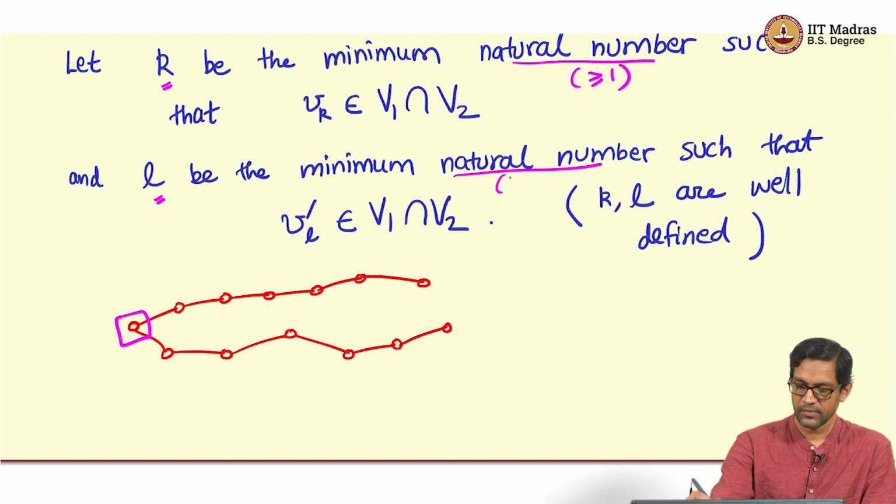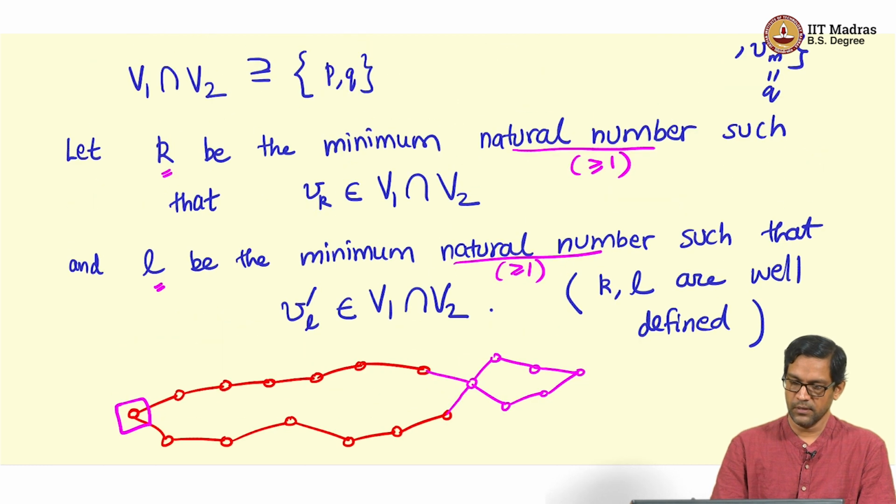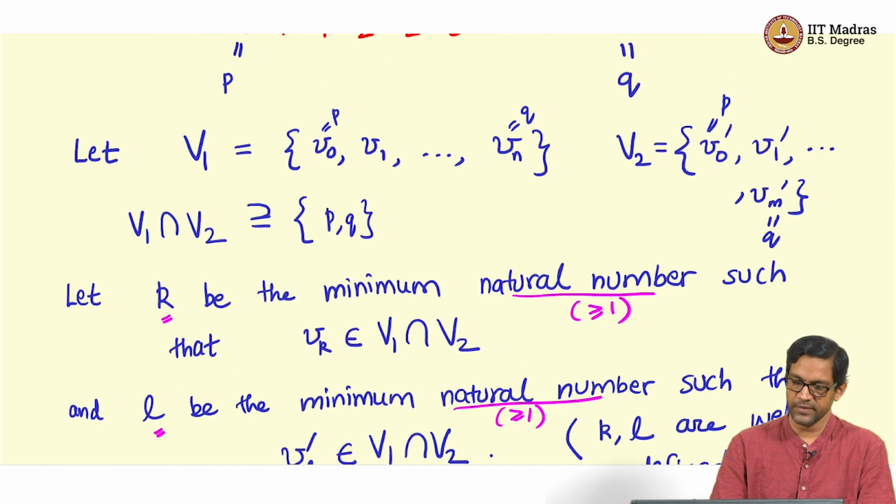So I am looking for a point other than the starting point where they both intersect. The reason you are able to find such k and L is because we know for sure that these two paths intersect, at least at the end, if not even earlier. So that's a matter of detail that we should always be careful about.